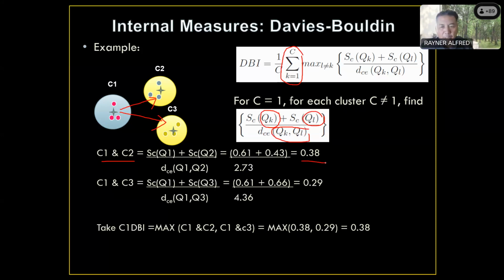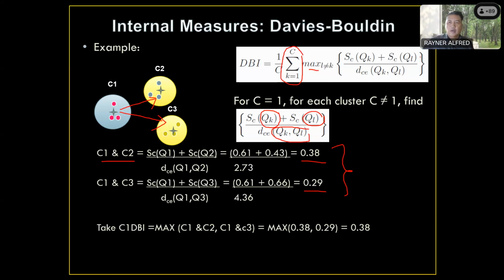So we get 0.38 for cluster 1 and 2, and then for cluster 1 and 3, we get 0.29. Since the formula says maximum, because they want to get the value based on the worst scenario, the worst scenario will be the maximum value.